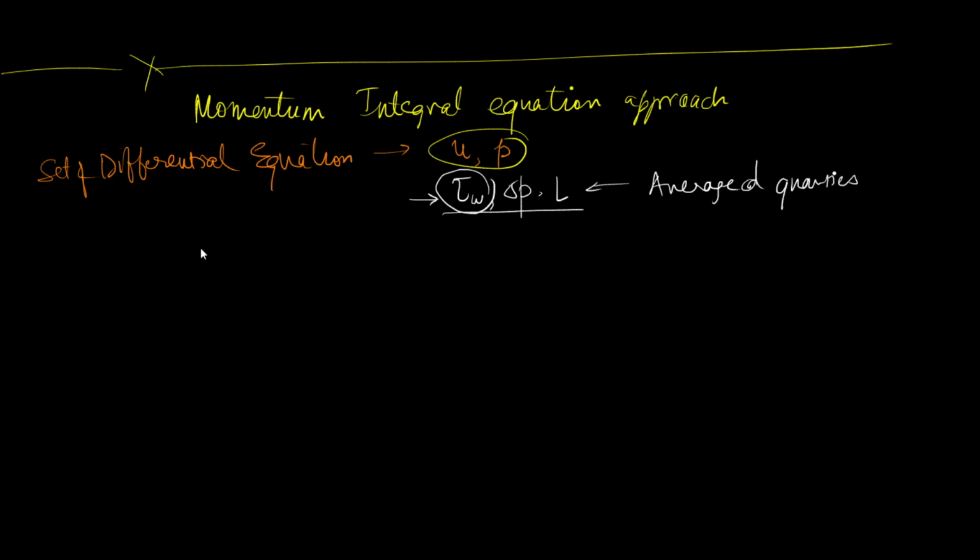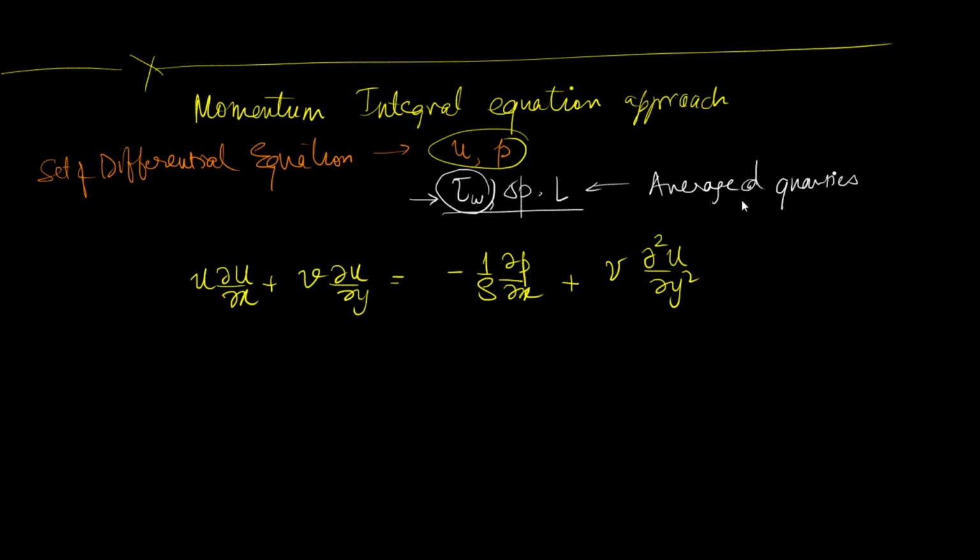So let us write down the x momentum equation: u del u del x plus v del u del y is equal to minus 1 upon rho del p del x plus nu del 2u del y2.